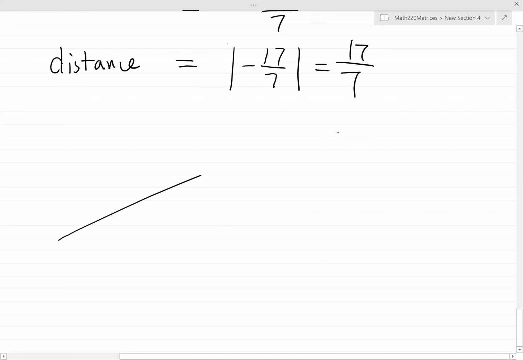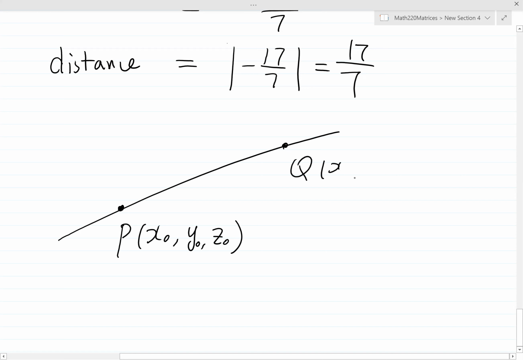So suppose we have a point P, which is x0, y0, z0. Of course, you can use higher dimensions, it doesn't matter. Now, any point Q is x, y, z. We have a directional vector v, which is a, b, c.